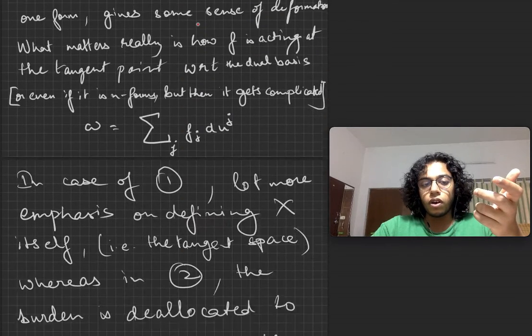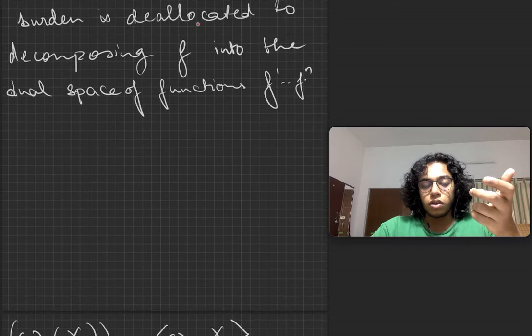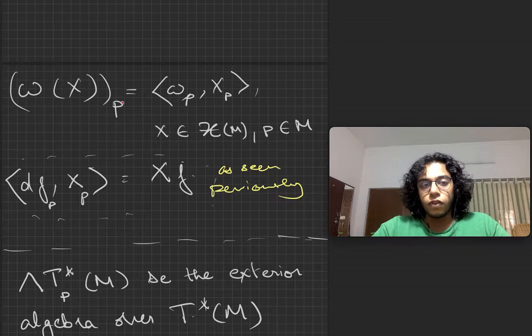So omega of x is essentially the differentiation, where x is now just a parameter at the point p.